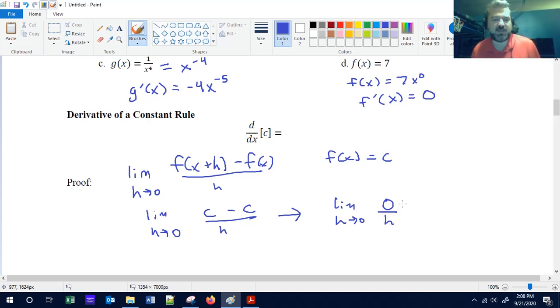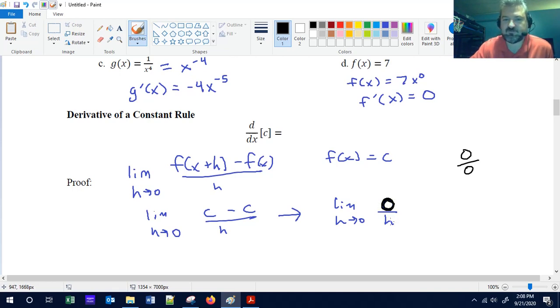Now, if you plug in 0 for h right now, you'll get 0 over 0, which is confusing because we know that that's indeterminate. But what I'm going to tell you is this is not at all an indeterminate form, and let me explain why. When we say 0 over 0 is indeterminate, what we mean is a number going to 0 divided by a number going to 0 is indeterminate. This is not a number going to 0. This is 0.